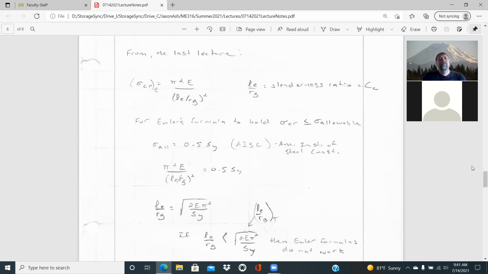And so when we look at what we've derived already for a critical stress based on Euler's method, pi squared E divided by the slenderness ratio squared. And yeah, that ratio there is known as the slenderness ratio.